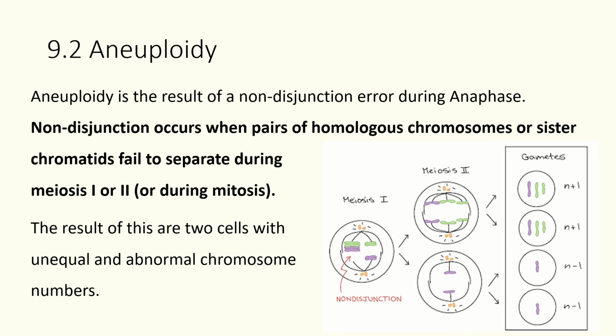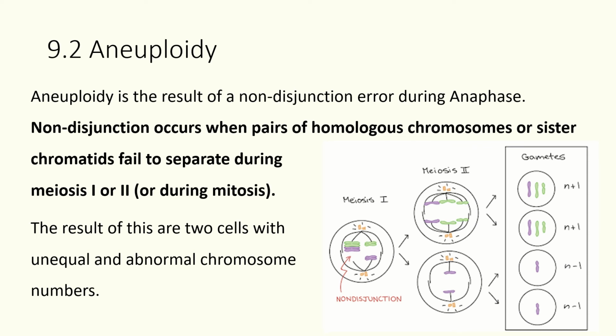What that means is we have two cells that result from that cell division, which have unequal and abnormal chromosome numbers. So if we have a look at the diagram here in meiosis 1, we see non-disjunction of our homologous chromosomes, which results in 3 chromosomes going to our top cells there and only 1 going to the bottom cell.